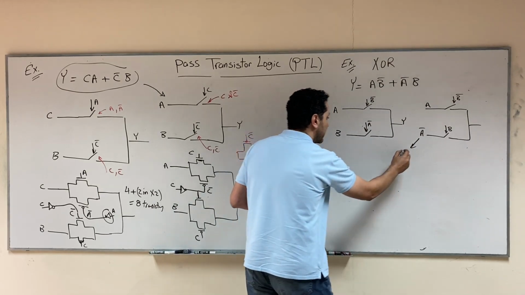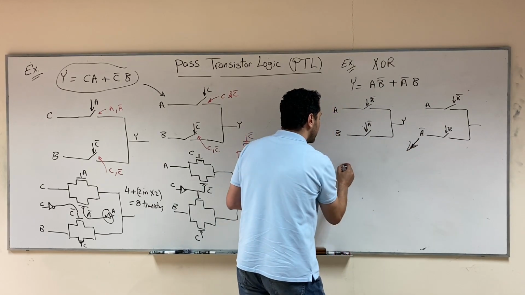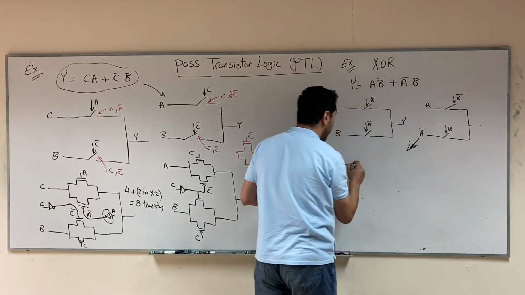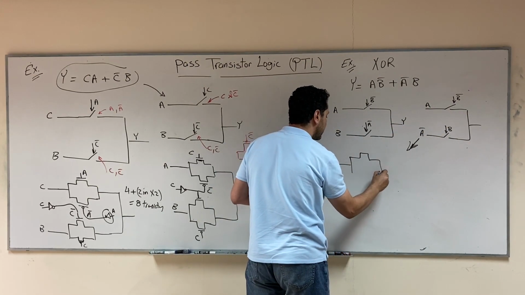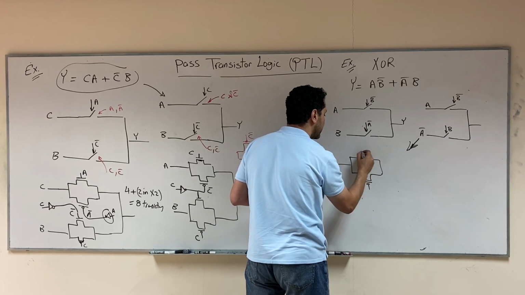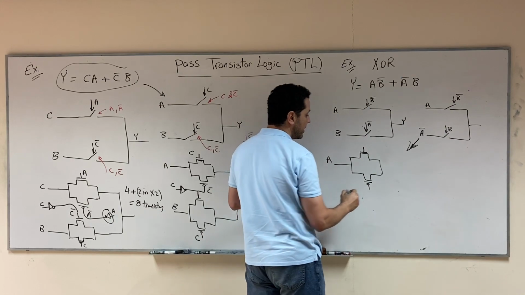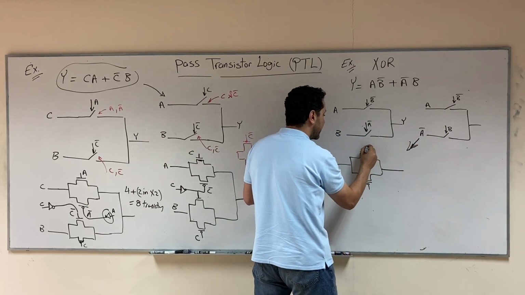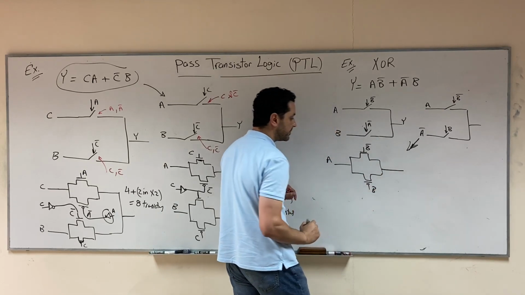So here, if we go with this implementation, we have a branch with an input A, then this switch, we replace it with a transmission gate, n-mos and p-mos. Don't forget, every switch will be replaced with n-mos and p-mos. And then this switch is controlled by B bar, so we'll need B bar here and B here.